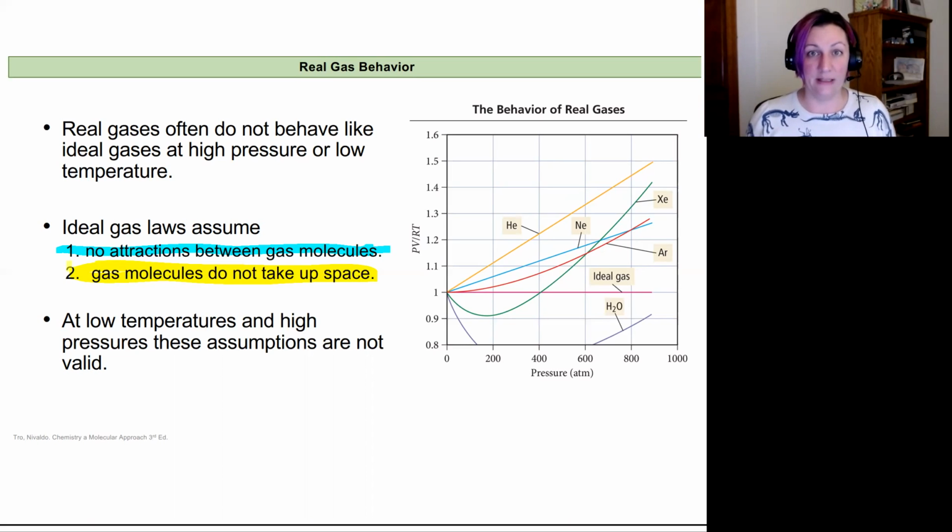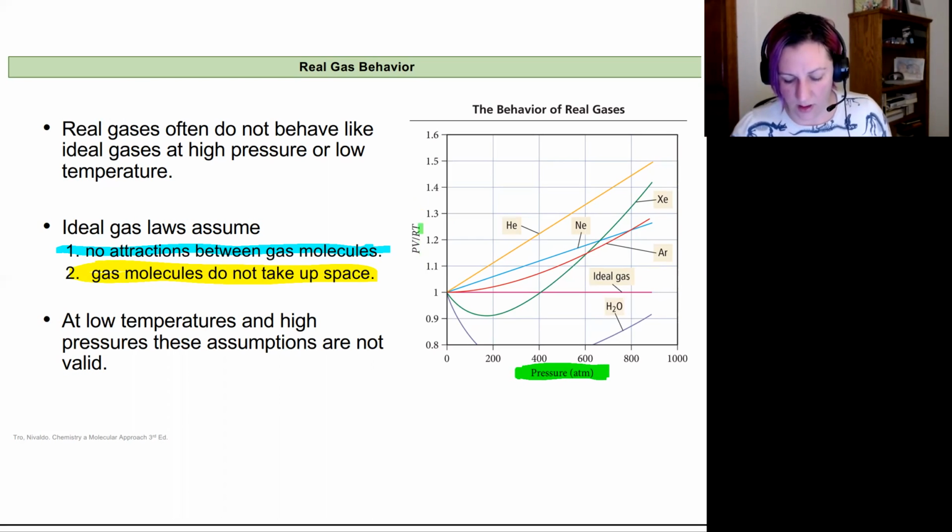Here's an example in the chart on our page. What we're looking at is pressure on the bottom versus PV over RT. What this really is, is the number of moles, but it's looking at just this behavior of our gas.